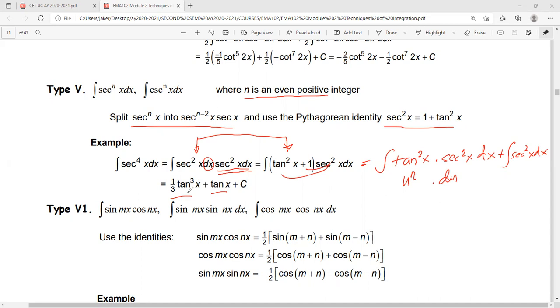The secant squared and the cosecant squared, as I've said already, I think for the third time, will be set aside to represent the derivative of the tangent and the cotangent respectively. So they have to be converted to the tangent and the cotangent. That way the cosecant squared and the secant squared will be their derivatives, and you can readily use power rule.